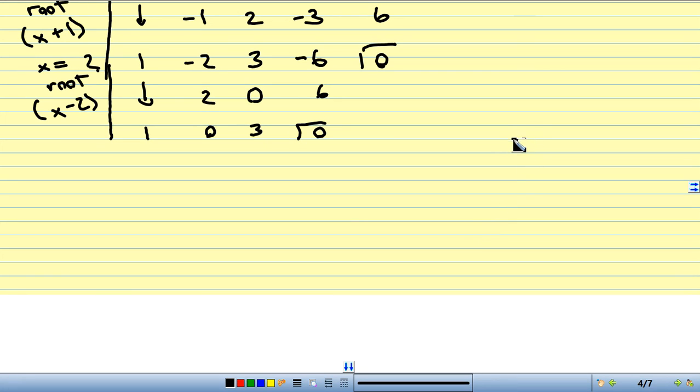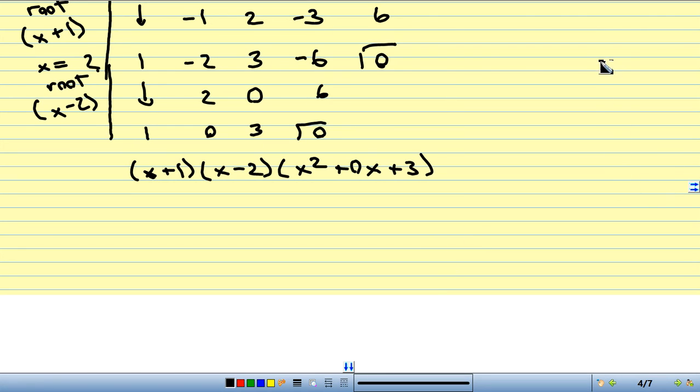What this is going to look like now is I have x plus 1 times x minus 2 times x squared plus 0x plus 3. Well, now what I can do is just go straight to the quadratic formula at this point.